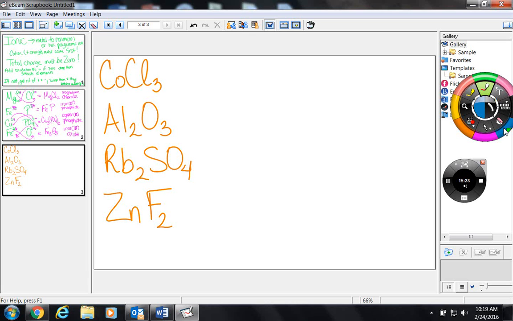So to do these, undo the crisscross. We have Co 3 plus, Cl 1 minus. So we have cobalt 3 and then Cl.